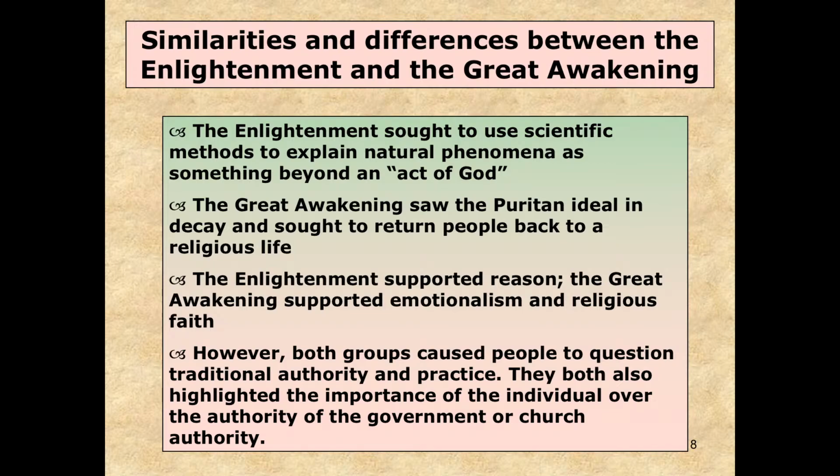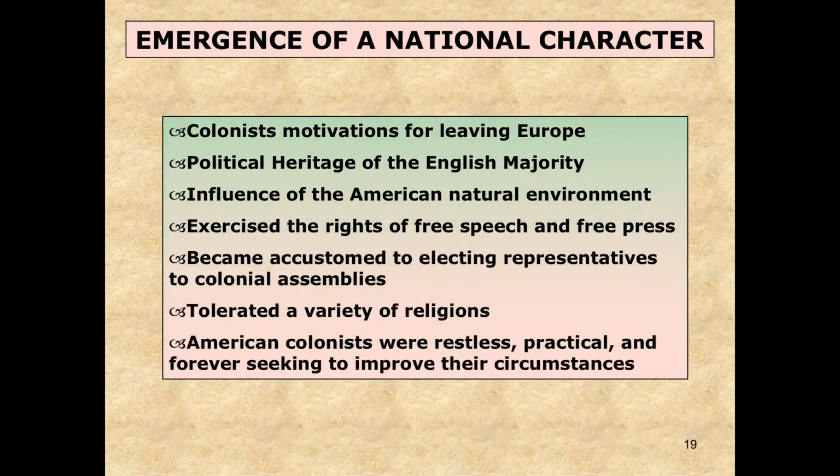So, what we also have emerging at this time is going to be our national character. Because now, not only are we sharing that religious experience, not only are we kind of following this whole train of thought from the Enlightenment philosophers, but we too are also establishing a national character through our shared colonial experience.